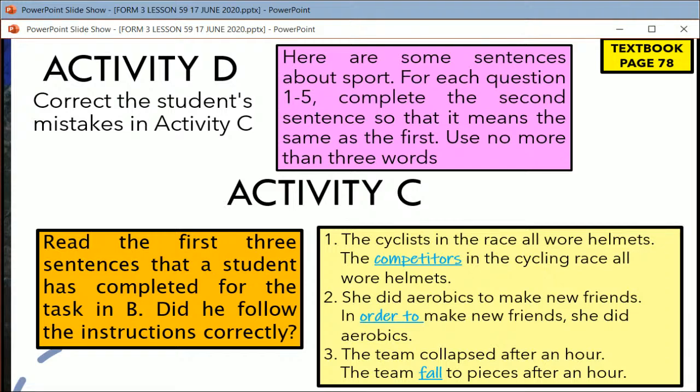El Pelon said yes for number 2. I think you're right. Chiken, you say false. Willis One says yes for number 3. You have 2 different answers now. Any other answers for number 3? Did this student complete the second sentence so that it means the same as the first?